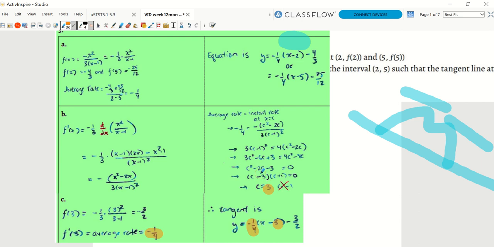Plug in c into this equation and you'll get 3/2, and that's your y coordinate. So this is the x coordinate. Plug this into the original function to get the y coordinate, and you get 3/2. Again, I usually like to write this on the other side and write y plus 3/2, but whatever. So that's 3 from Reese's problems.